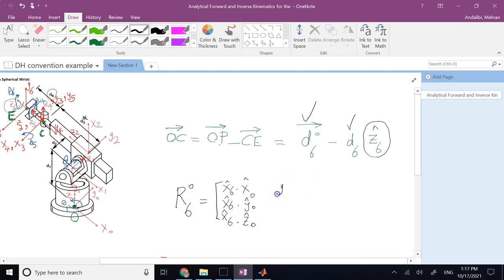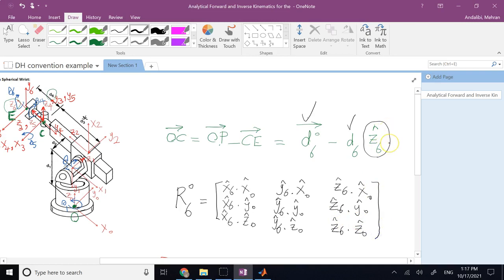The next column is all what? y6. This y6 is dot producted with what? Again, with the same thing: x0, y0, and z0. And finally, we have z6, dot producted with again x0, y0, and z0.